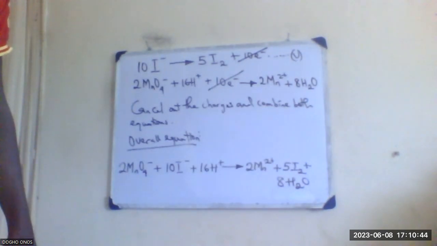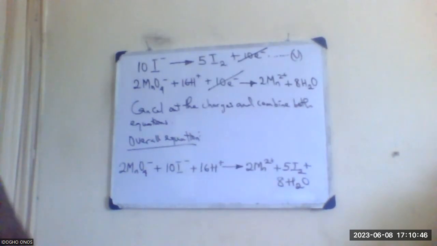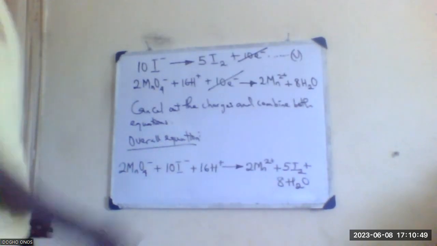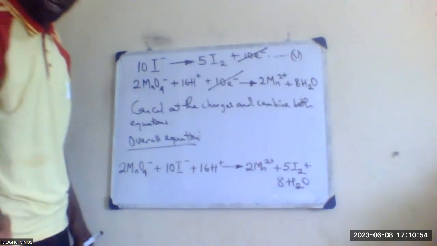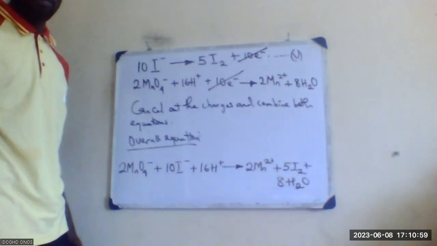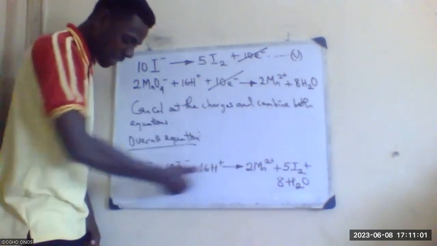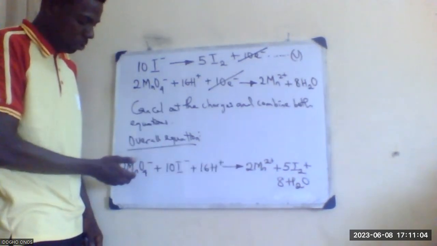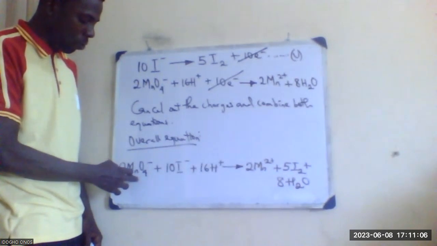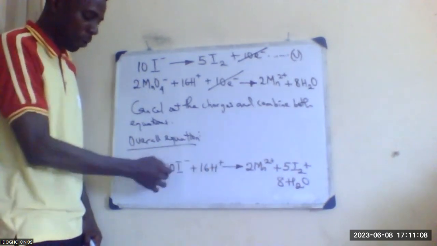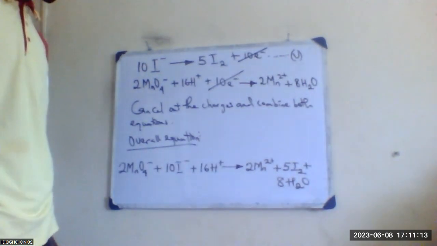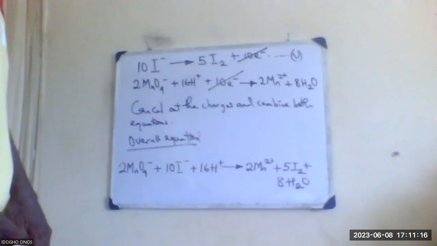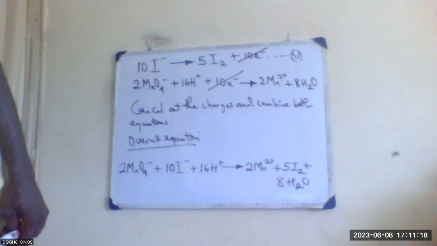There's no hard and fast way. You can bring this one and put it here, or take this one and put it here. It makes no difference, it's the same thing, so long as all your reactants are on one side. So I can have 2MnO4- plus 16H+ plus 10I-. It's still the same thing. Have I answered the question now?